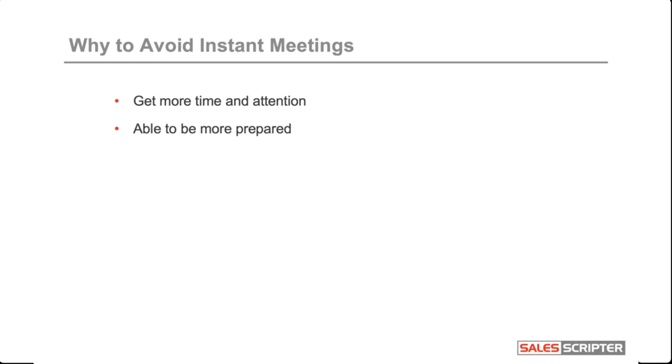Another thing is, if you have an appointment on another day, both you and the prospect will typically become more prepared in terms of questions to ask and things to talk about if you regroup on another day.